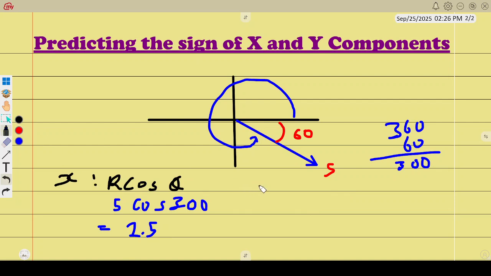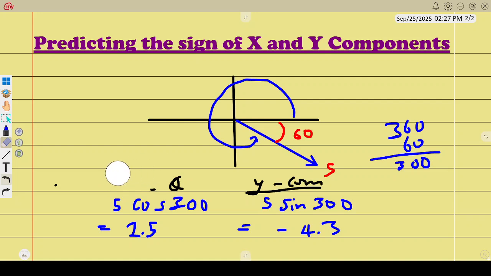And for the y component, we know it is r sine theta. So this is 5 sine 300. Since it's going downwards, the answer will be negative. You can try that on your calculator. You are getting negative 4.3.